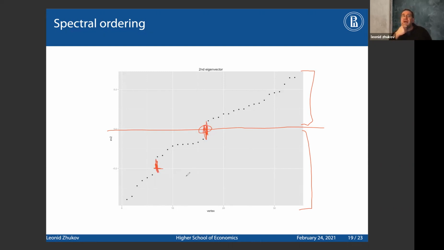One thing is that we can put a hypothesis that we should not only look at the zero split, but we might look for the gaps.